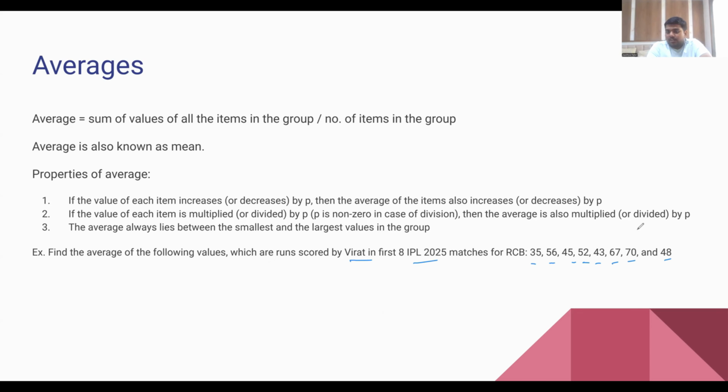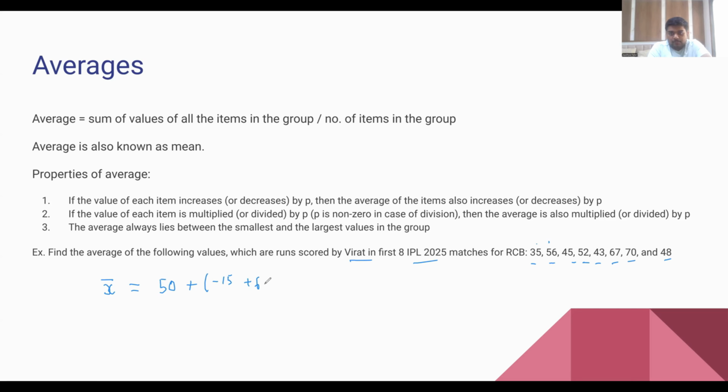So I can notice that some of the values are less than 50 and some of them are greater than 50. So let us take x bar is equal to 50 plus, I have taken the reference value as 50. Now 35 is 15 less than 50, so we will write minus 15, 56 plus 6.